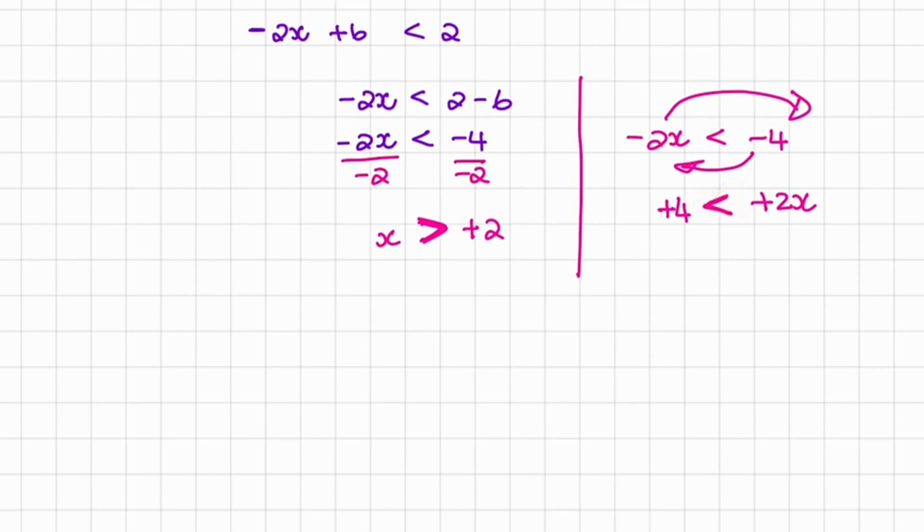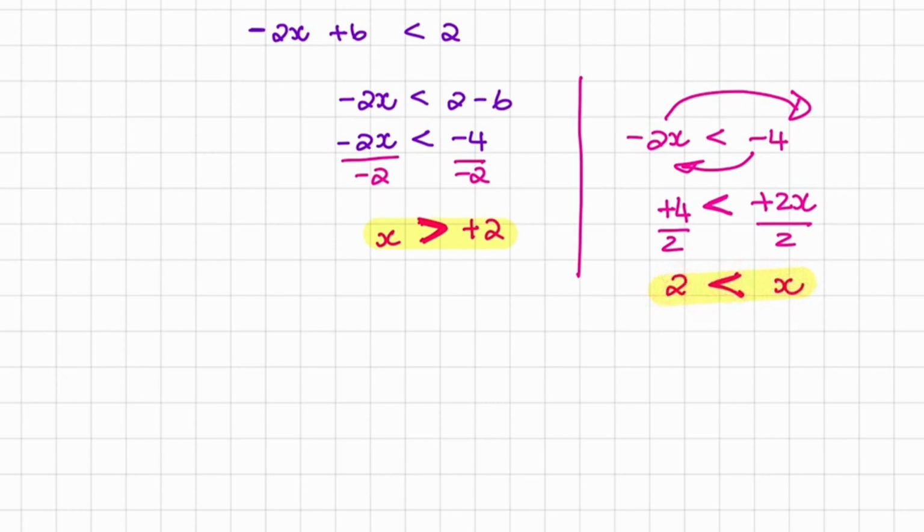Now, in order to solve for x, I can divide both sides by 2. So 4 divided by 2 is 2, and that is smaller than x. So these two results, x bigger than plus 2 or 2 smaller than x, is the exact same result. So you read the inequality from the position of x. So x would be bigger than 2.